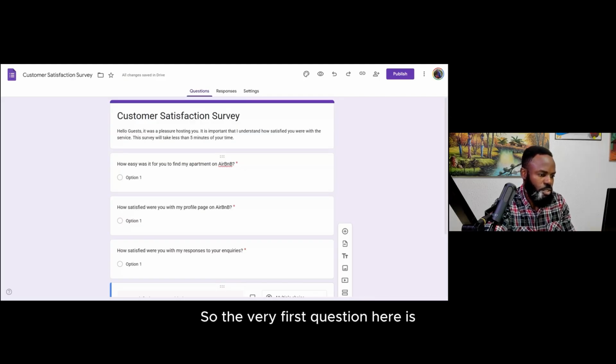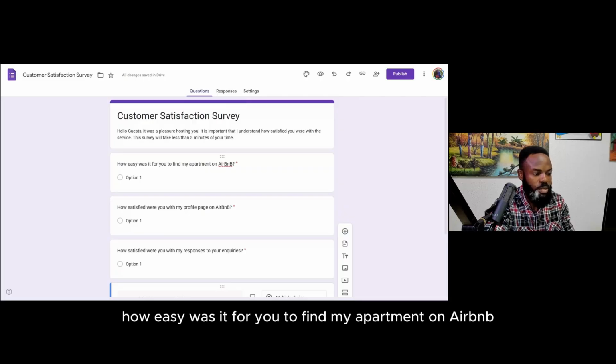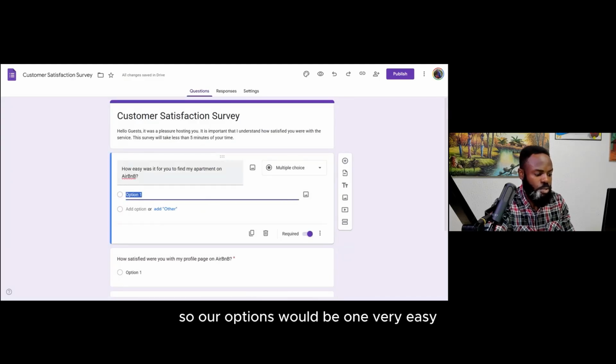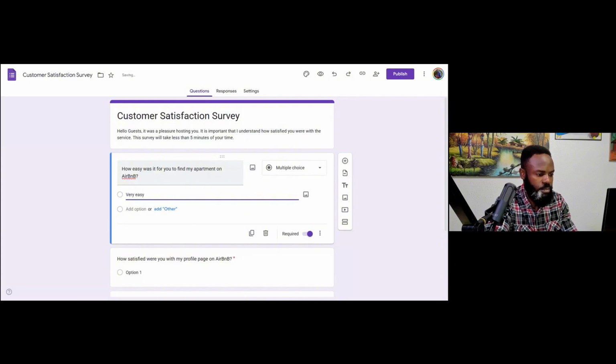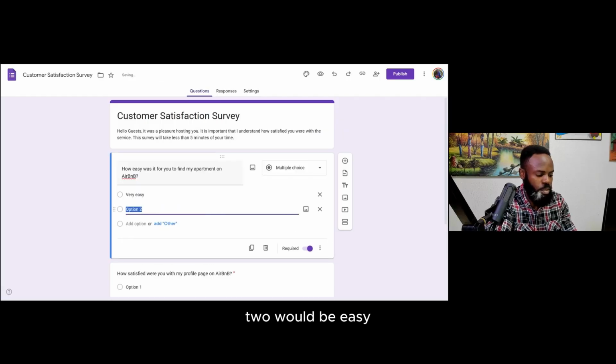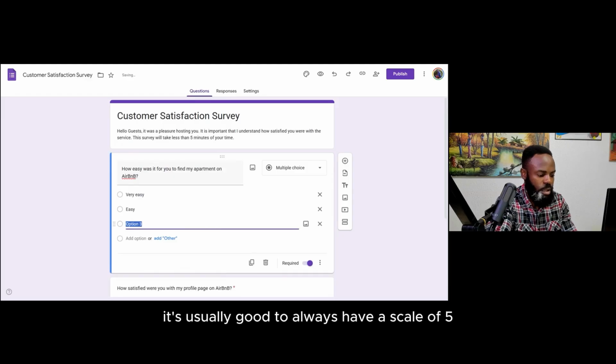So the very first question here is, how easy was it for you to find my apartment on Airbnb? So our options would be 1, very easy. 2 would be easy. It's usually good to always have a scale of 5 so you can feel the pulse of how excited they are or how disappointed they are, as the case may be.